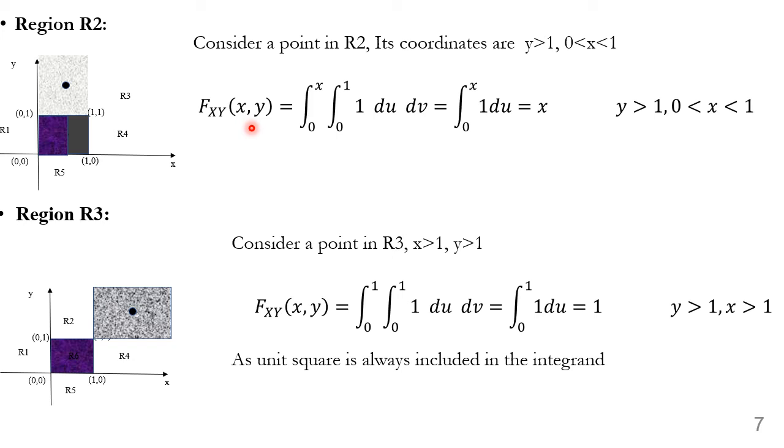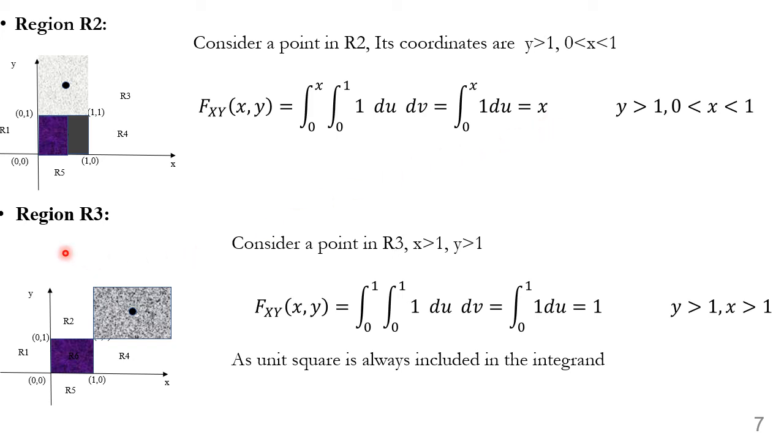So Fxy of x comma y: here the x value varies from 0 to this point, so the integral over 0 to x, and the y value varies from 0 to 1, because only in this region the PDF is defined, and its value is 1. So when you integrate and substitute the values, we get this as x.